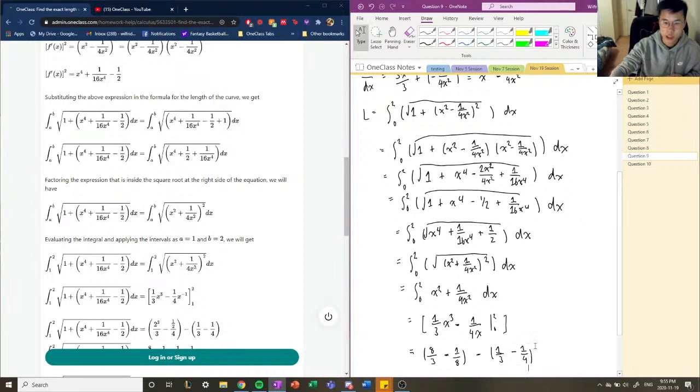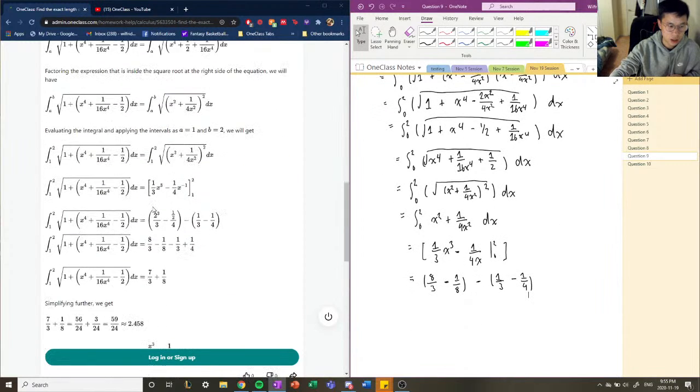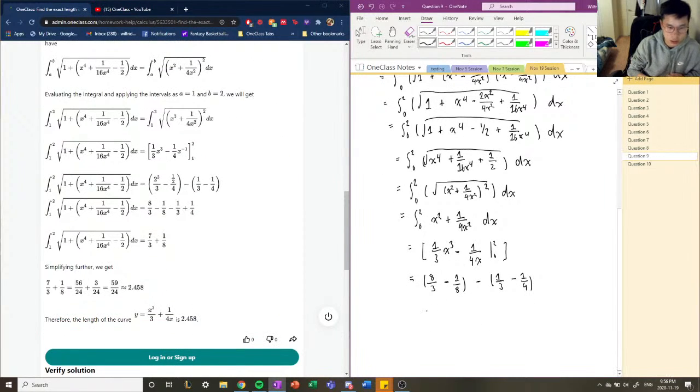We're just going to simplify these fractions here. So we get 7 over 3 plus 2 over 8, so plus 1 over 8, and that equals 56 plus 3, which is 59 over 24.